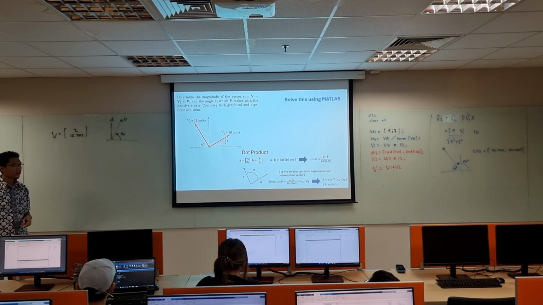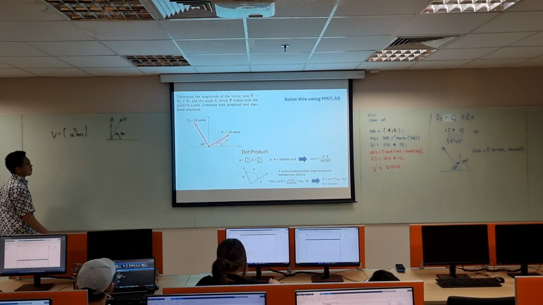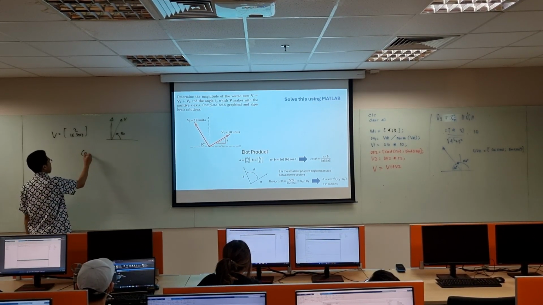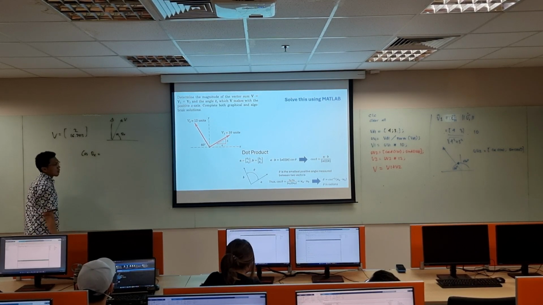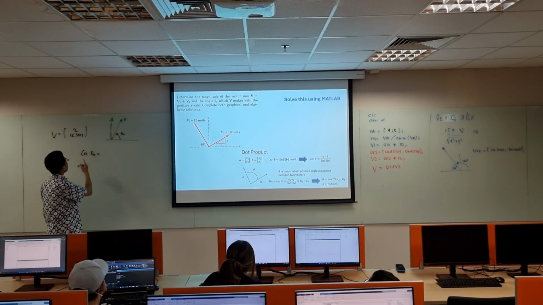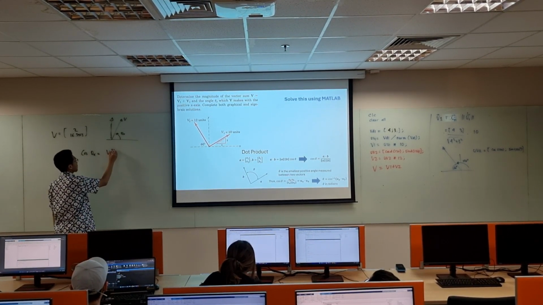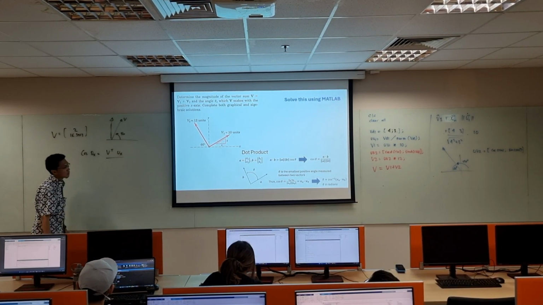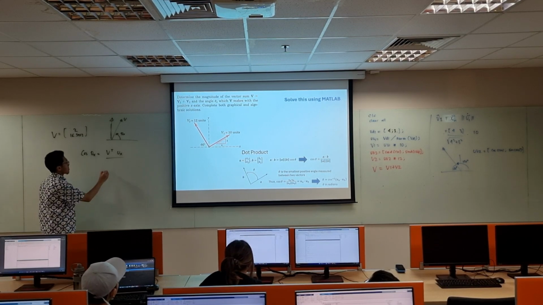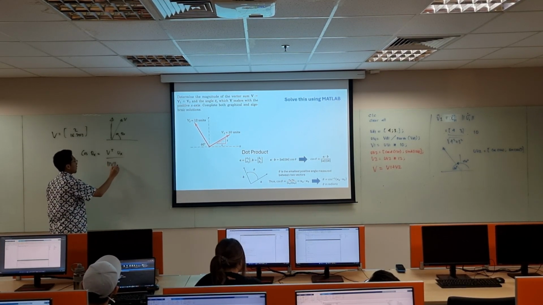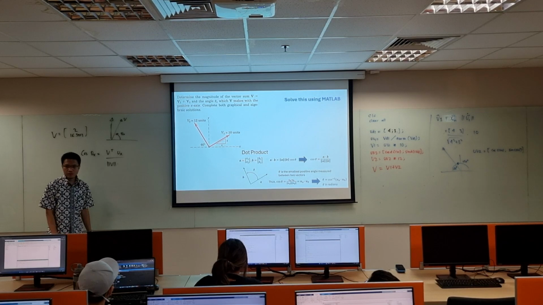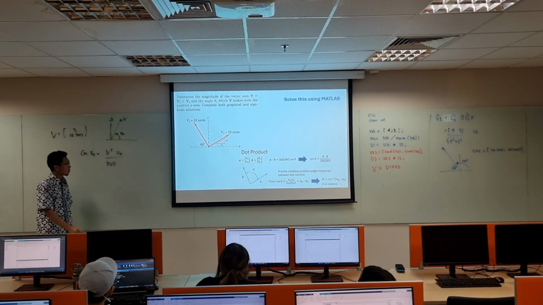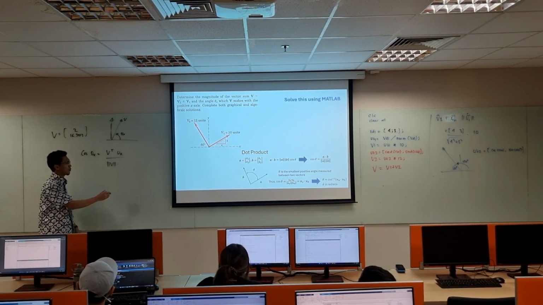X is 1, 0, correct? Choose X to be 1, 0. So your cos theta is A dot B, which is V transpose times UX, divided by the length of V, and then the length of UX. Length is 1.